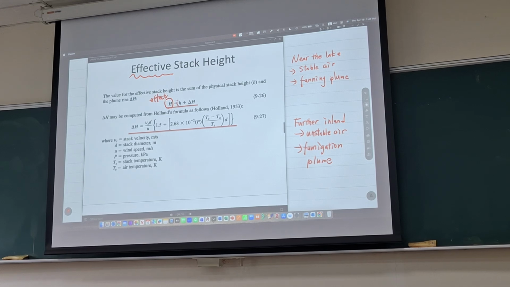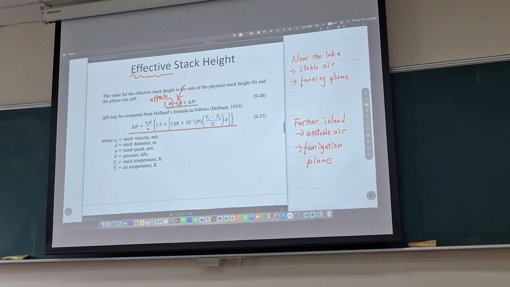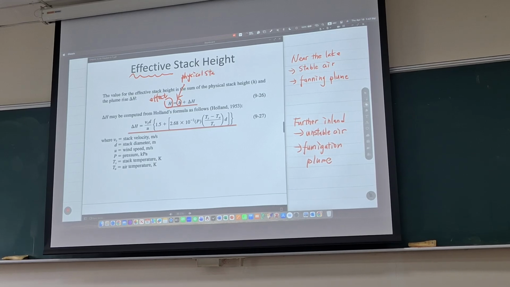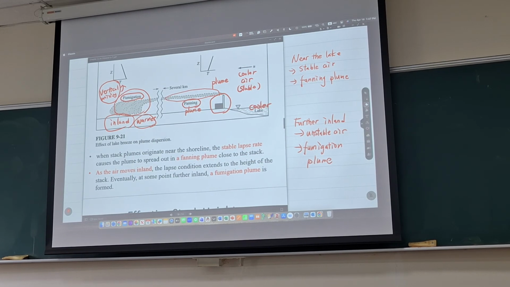And the small letter h here is the real, the physical stack height. Like this one, students, take a look.